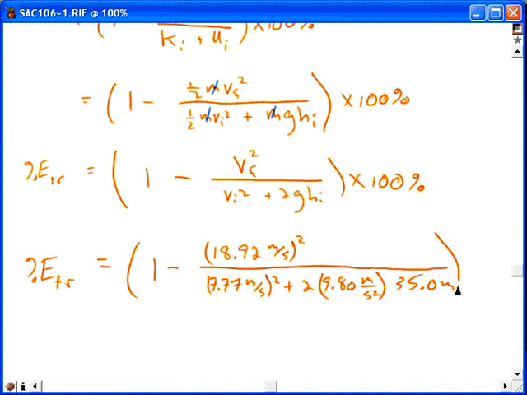And we'll put a big right parenthesis there, and then times 100%. So I substitute that into the calculator and evaluate. I get 52.0%.